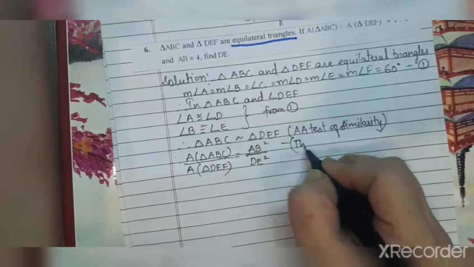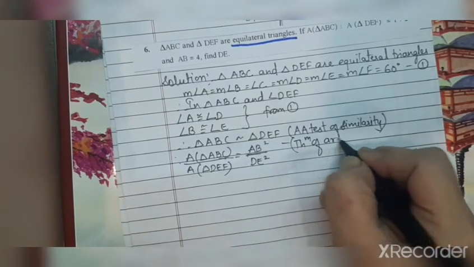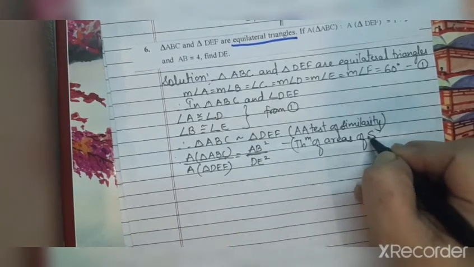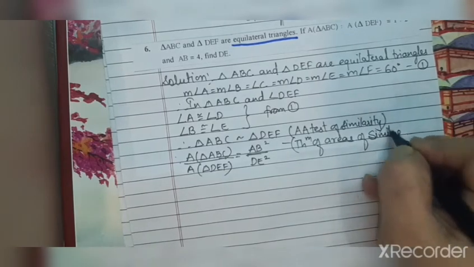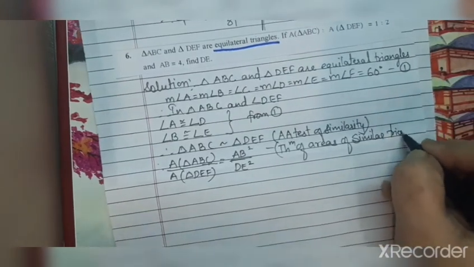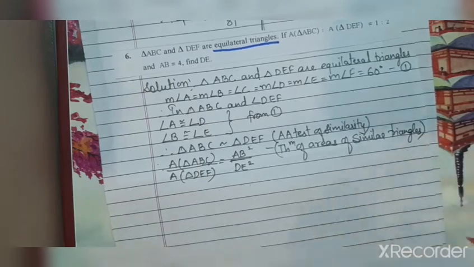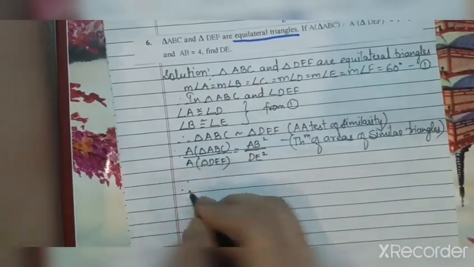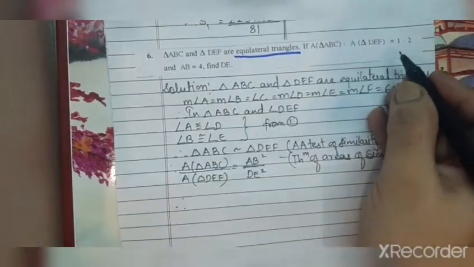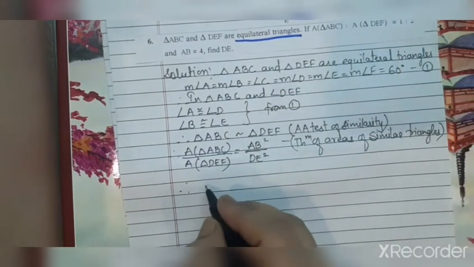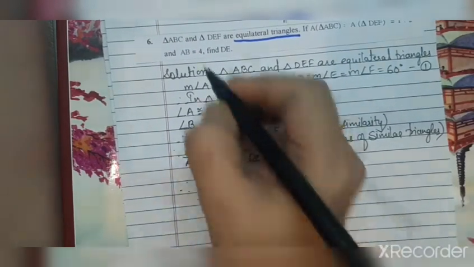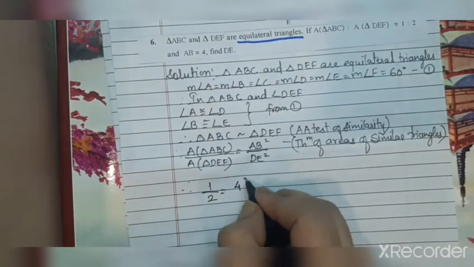Reason: theorem of areas of similar triangles. Now, the ratio is already given here. That is 1:2. And AB is given 4.